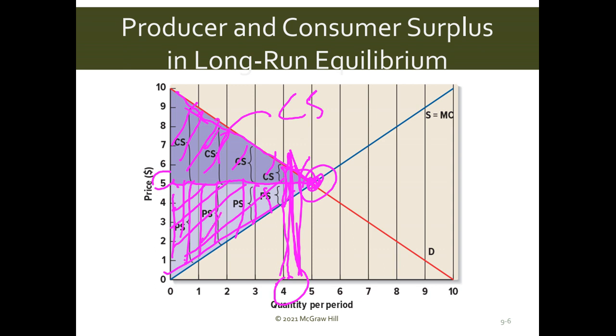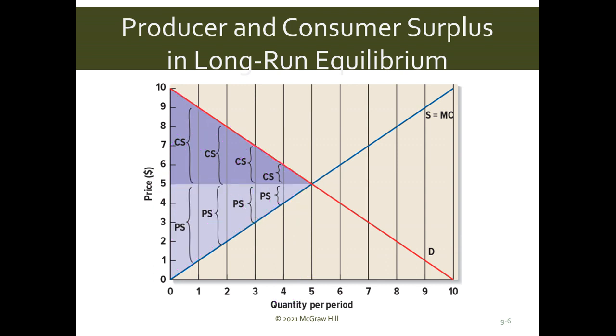So under a perfectly competitive market structure, in the long run equilibrium, you can see total surplus is maximized. So total surplus is maximum. Let me delete this and show you that this is the maximum consumer, dark purple triangle and small purple triangle, right?